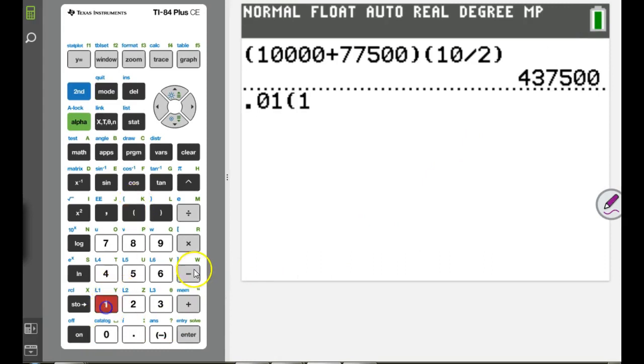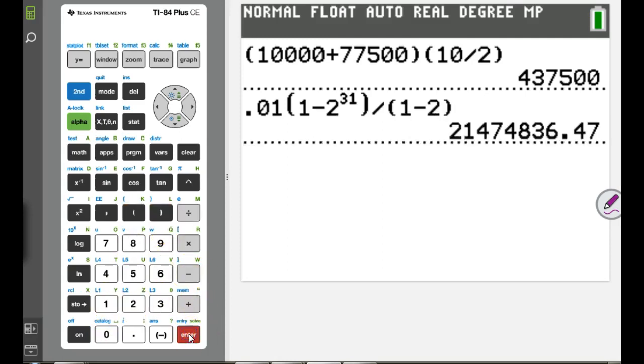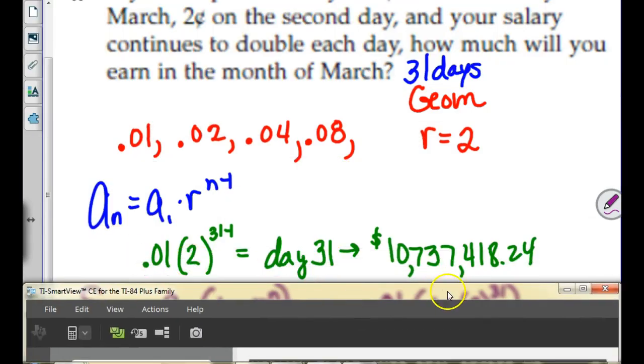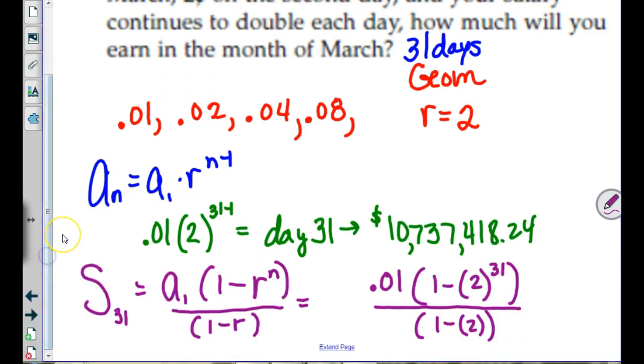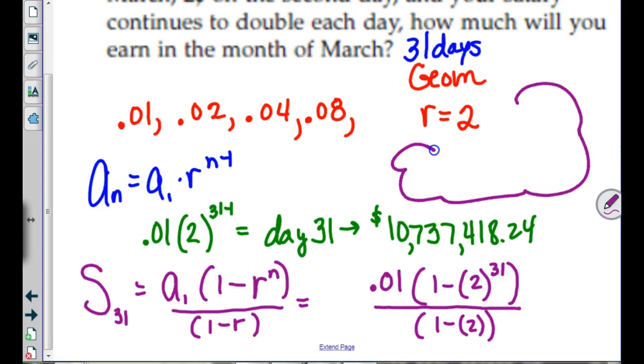.01 times 1 minus 2 to the 31 divided by 1 minus 2. Anyone else get 21 million and change? Might make a charitable donation with the change, I don't know. So the total sum for all of March, let's see if I go back here in my free space.